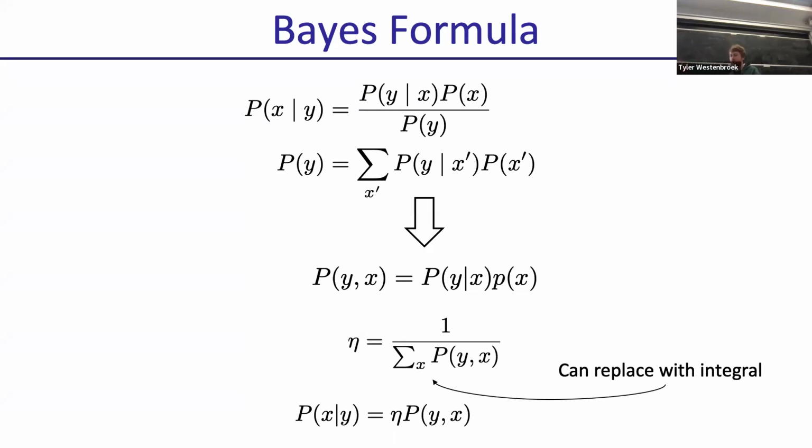But oftentimes this fraction 1 over P(y), you'll see this represented with the constant eta. That's 1 over the total probability that y can occur. The reason people use this constant a lot of the time is because eta doesn't depend on which x is occurring. As we'll see, this constant is going to pop up in our computations when we apply Bayes' rule in the next few slides.